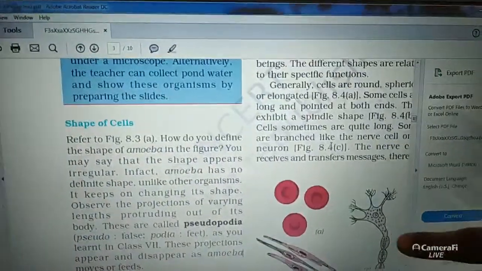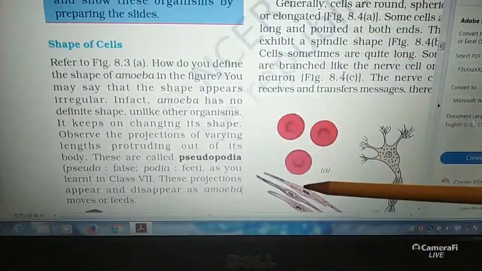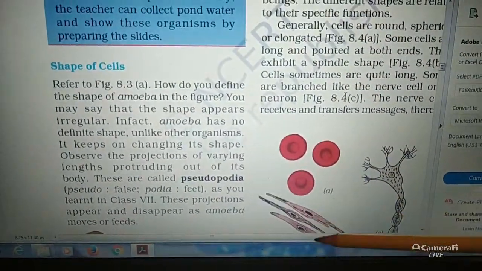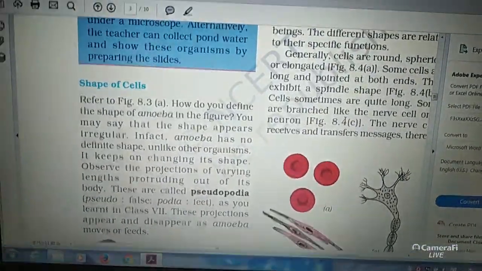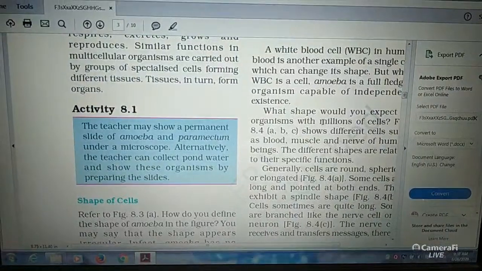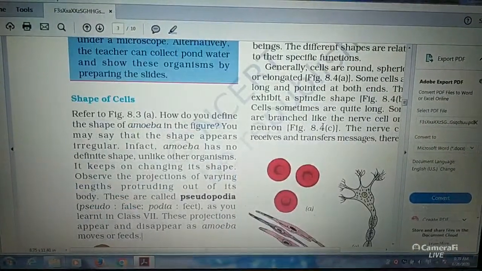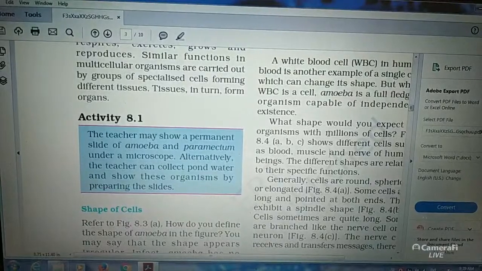You have seen this stretched cell is the nerve cell, and this spindle-like cell is the muscle cell. So according to their functions, cells also change their shape. The shapes of the cells are different.